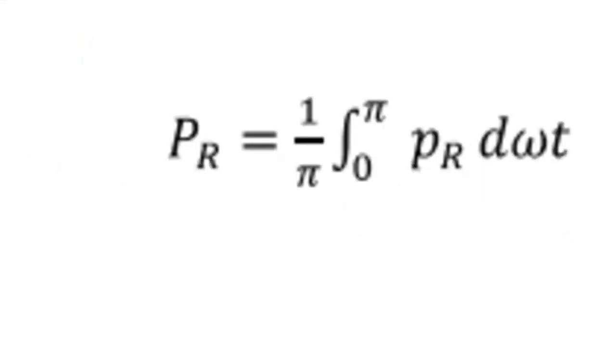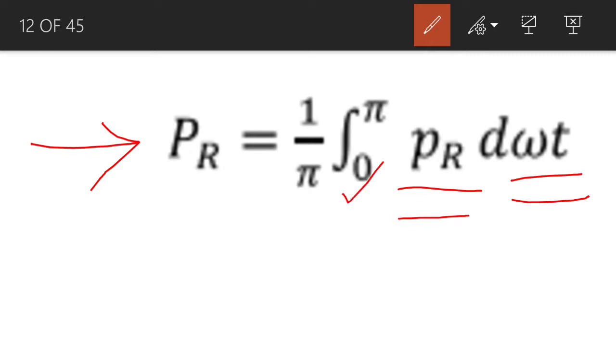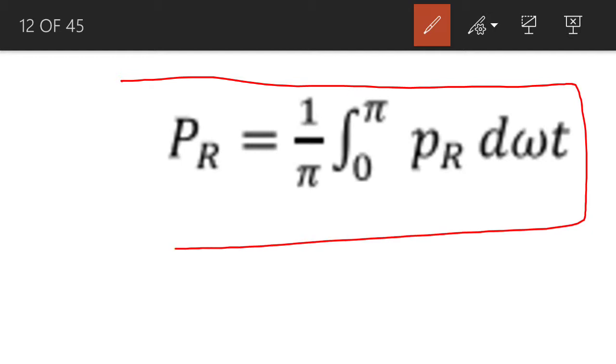In order to compute the average value of this power, we integrate the instantaneous value of the power with respect to omega t from 0 to pi, and we divide this value by pi. So we use this equation to find out the average value of the AC power which is taken by the resistor from the AC voltage source.